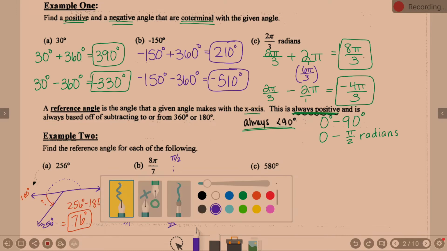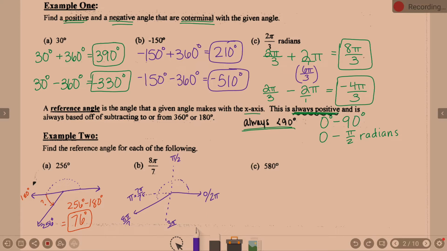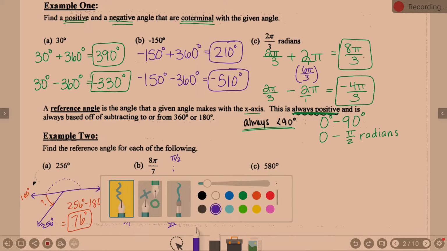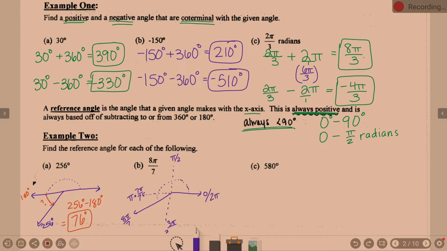Oh my goodness, it won't let me draw there. There we go. That's 3 pi over 2 down there. It will not let me draw in that spot. Okay, so those are good reference angles to know.